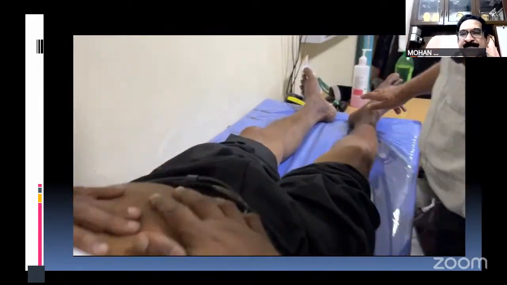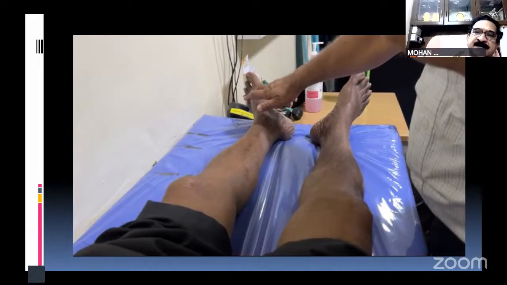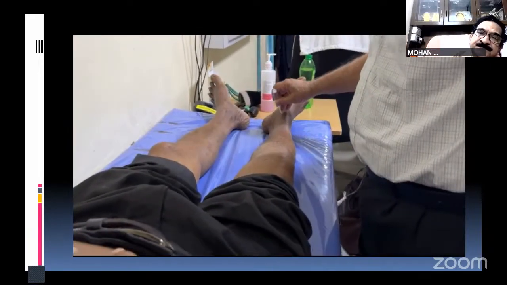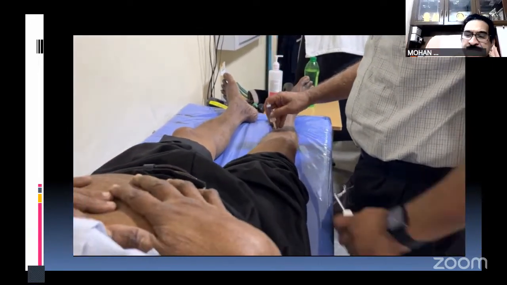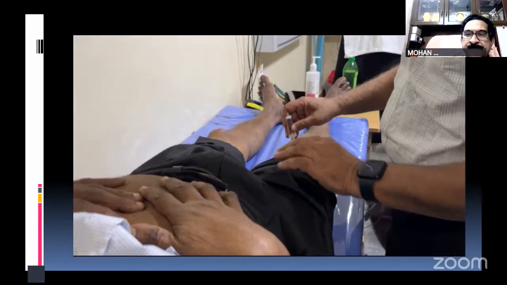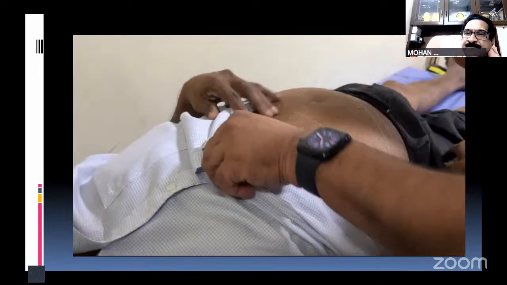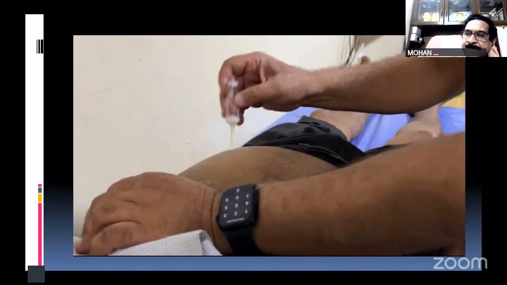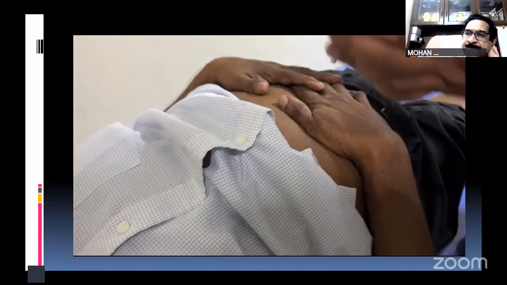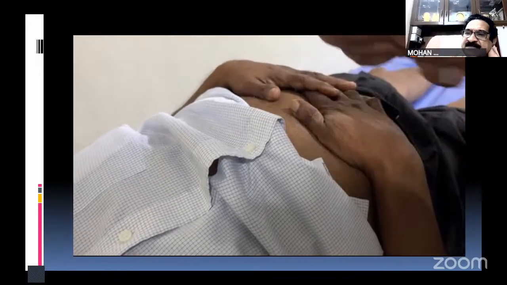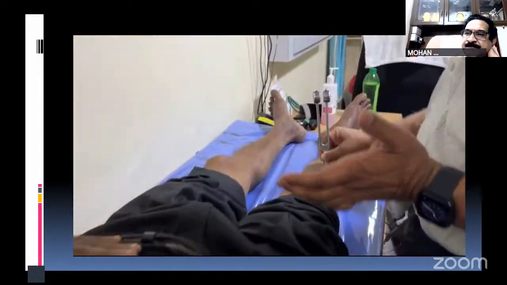Sensations normal, except for the impairment in the distal part, for JPS sensation. All normal, there is no sensory level anywhere. He said he is able to feel vibration.